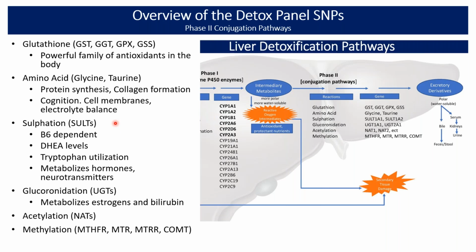So again, if we're having a problem with simply not getting enough B6, sulfation pathways will be inhibited. Sulfation is required for DHEA levels for adrenal fatigue. So I think that's an important marker for us to look at.